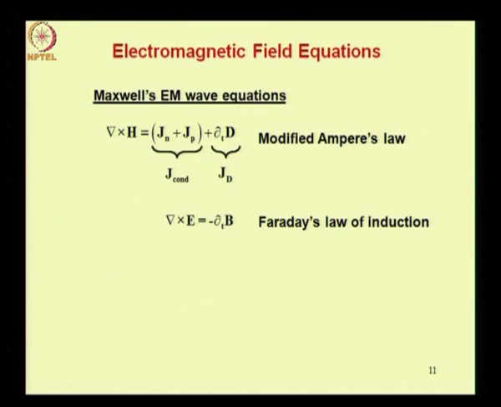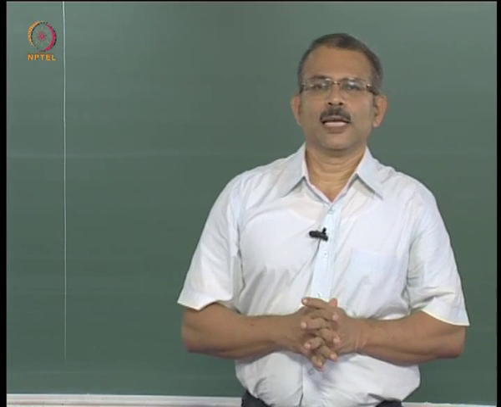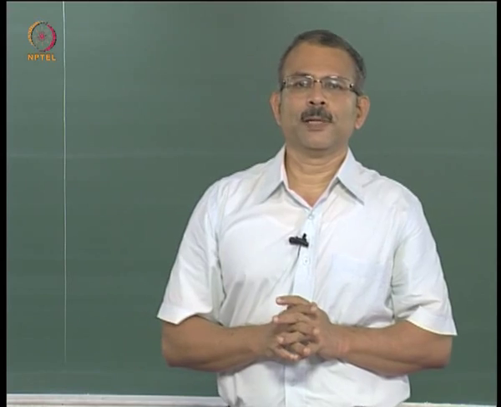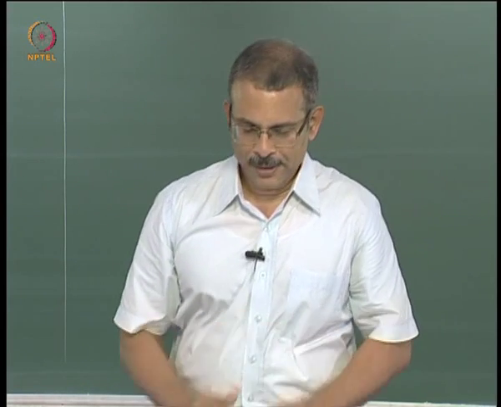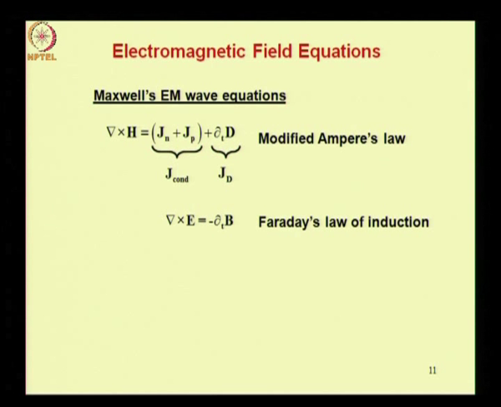Now let us write the electromagnetic field equations. You have already done a course on electromagnetic fields, so you should be able to write these equations very easily. So first is a modified Ampere's law, which relates the magnetic field to the various current densities.